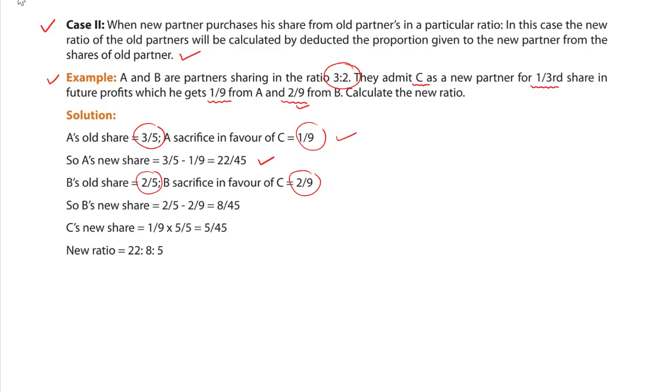So B's new share will be 2/5 minus 2/9, that is 8/45. C's new share equals 1/9 into 5/5 equals 5/45. The new ratio of A, B and C is 22:8:5. I believe you understood.